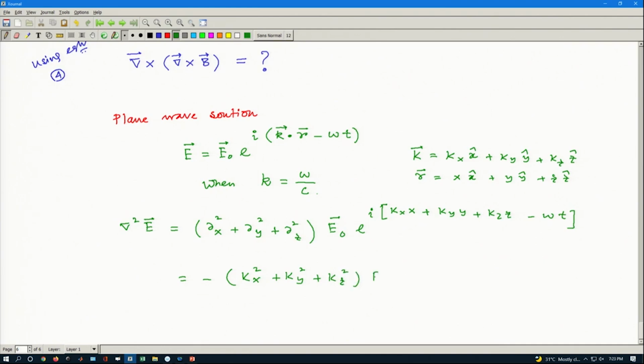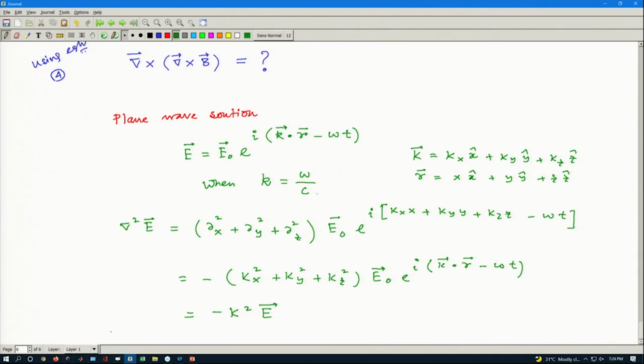So, I simply write E0 e to the power of i (k dot r minus omega t). So, this is simply minus k square E. This is the left hand side. What about the right hand side?